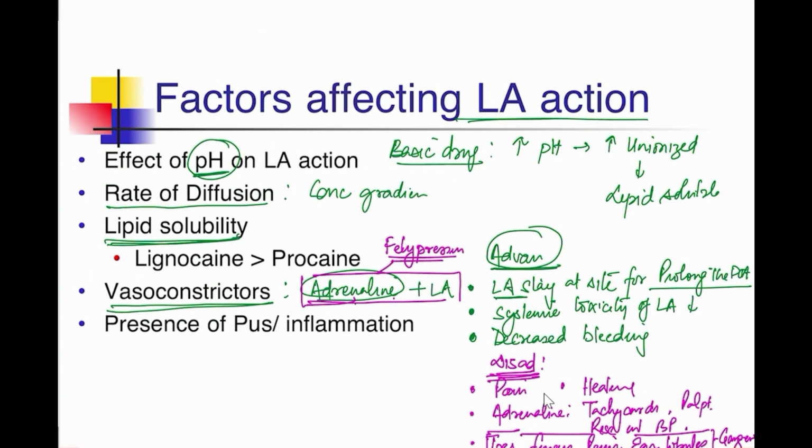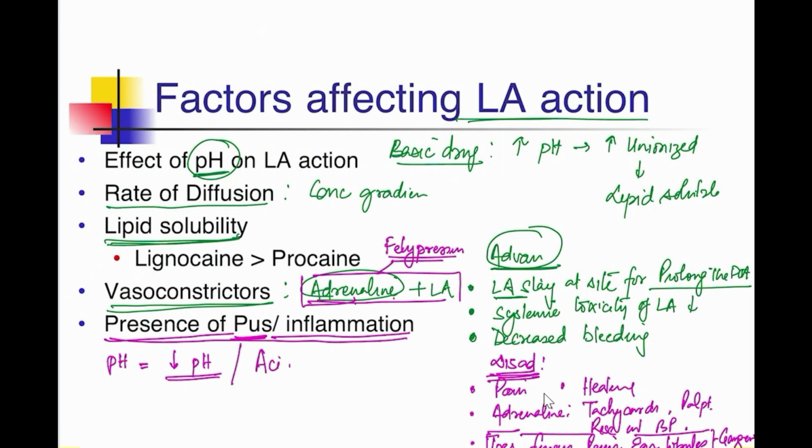Now another factor, the presence of pus or inflammation. Whenever pus or inflammation is there, then what will happen? Because of the pus and inflammation, they are going to decrease the pH. If there is decrease in the pH, then what will happen? Local anesthetic, so क्या medium हो जाएगा?